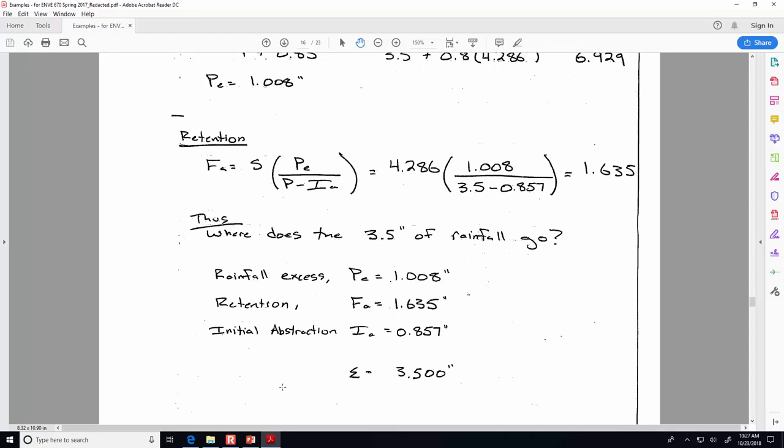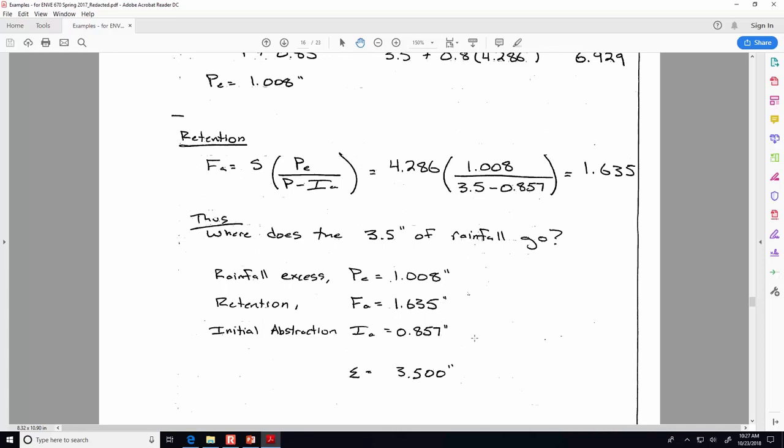So the F sub A is representing the retention inside of the basin. And so that's mostly infiltration. And so we can get that that's 1.635. And that's the same thing that you would have got if you'd simply subtracted 3.5 minus the initial abstraction minus the precipitation excess. If you'd just done subtraction from that, you'd get 1.635. And so this is just kind of confirming or calculating a different way the difference between the rainfall and the runoff.